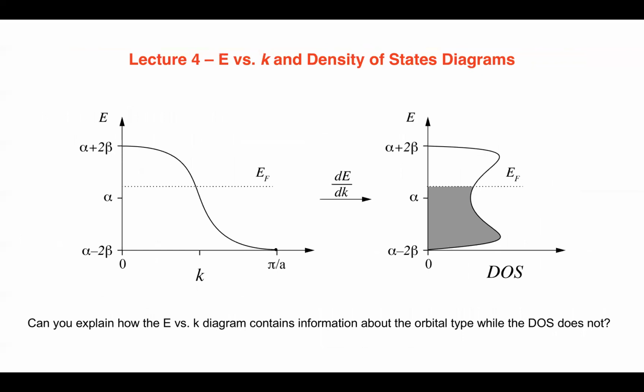Now, if you think back to your densities of states diagrams for a minute, and you take this energy versus k diagram on the left for these p orbitals here, and you take the derivative of energy with respect to k, you actually recover the density of states diagram.